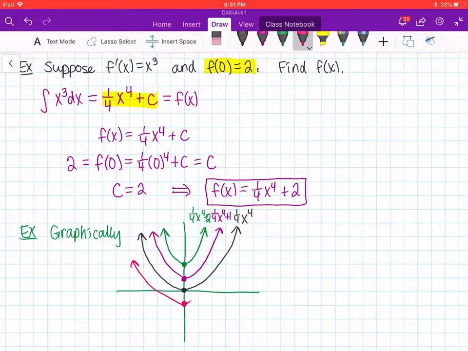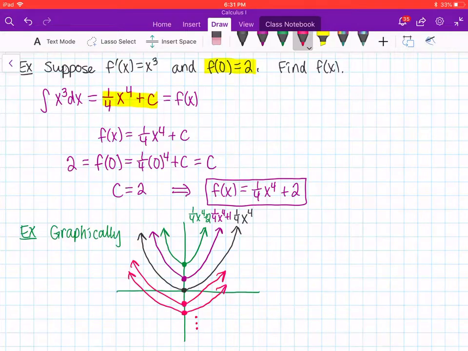It has the same shape. And nothing so special about 1s, we could go down 1.5, and anything in between. So this is our infinite number of antiderivatives, and that's why we have the plus c. The slopes of the tangent lines are all going to be the same for all points on this graph.